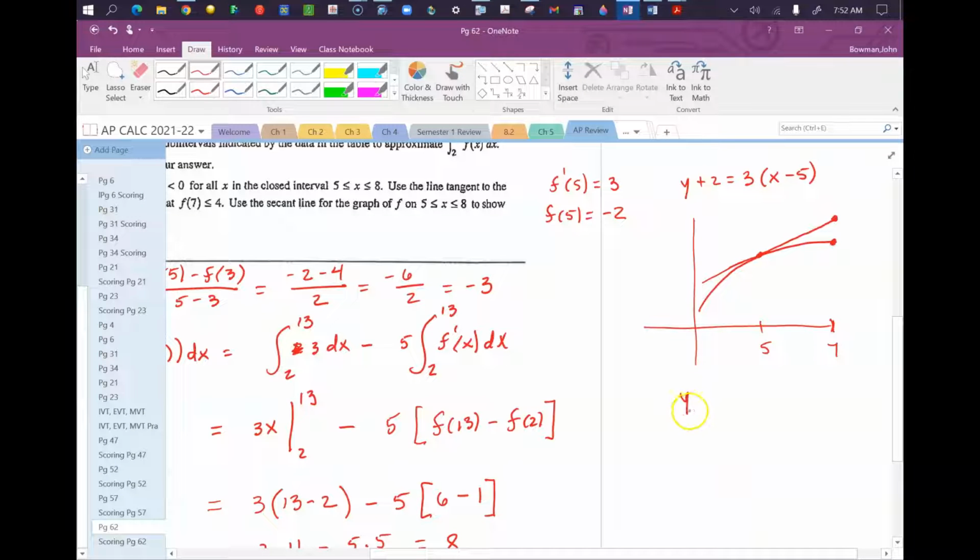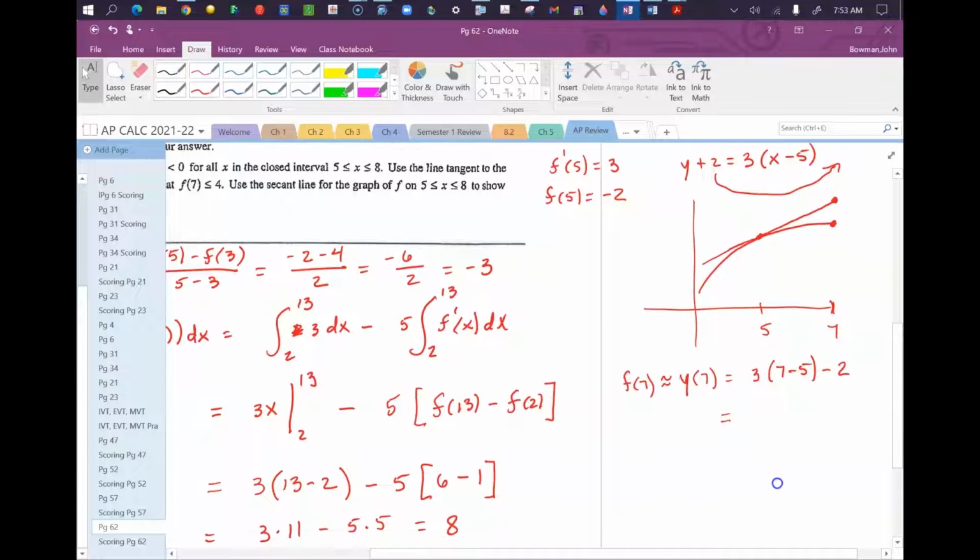I like to use this notation: f of 7 is approximately equal to y of 7, which is going to be 3 times 7 minus 5, and then we're going to subtract 2 from that because we're moving this 2 over to the other side. So we've got 3 times 2 is 6, minus 2 is 4. So f of 7 is approximately equal to 4.